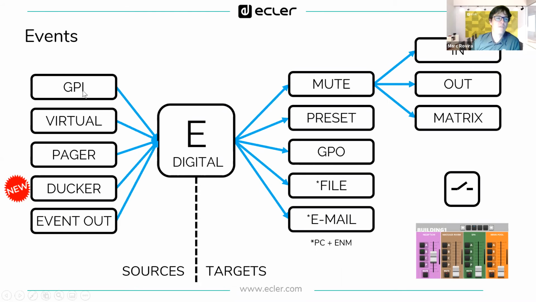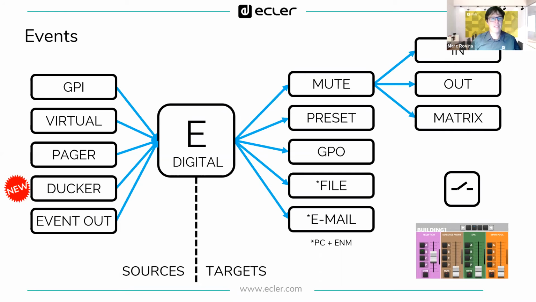We have GPIs, for example, a button or a relay or a switch. We have virtual, which will be buttons on a screen. Pager, which are buttons in a pager.